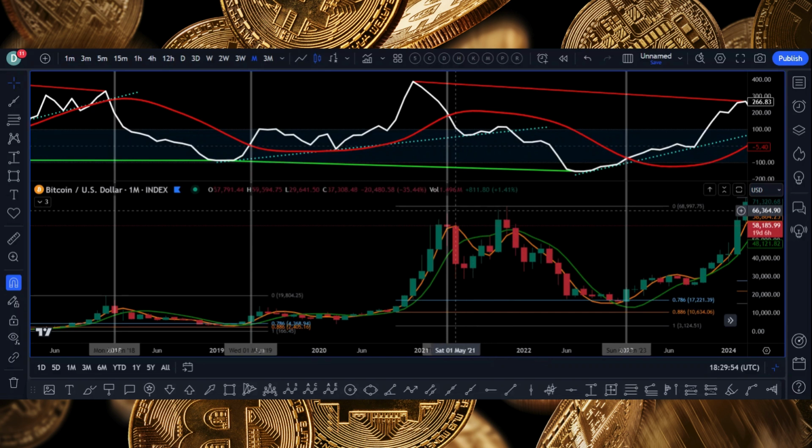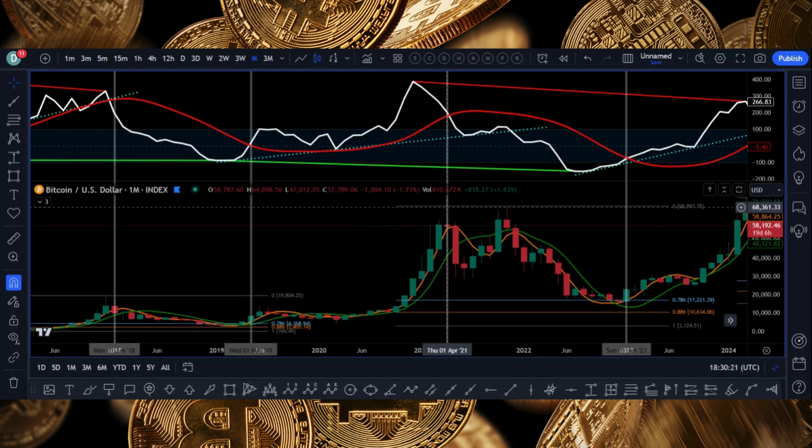And as we came up and grabbed the liquidity from this peak over here, we had more concerns about the Federal Reserve. So we had concerns about the Federal Reserve tapering its bond buying program, which could lead to reduced liquidity in the market.